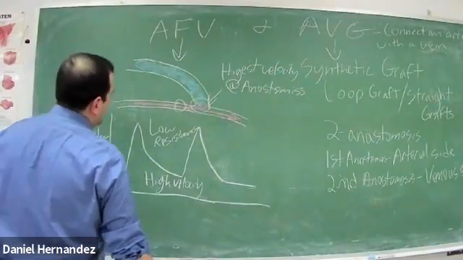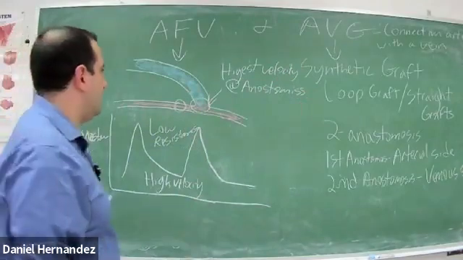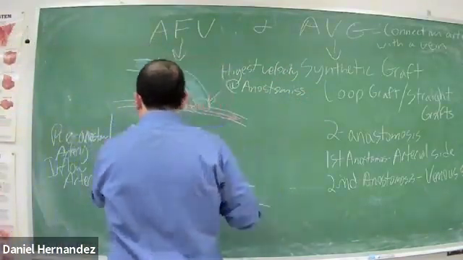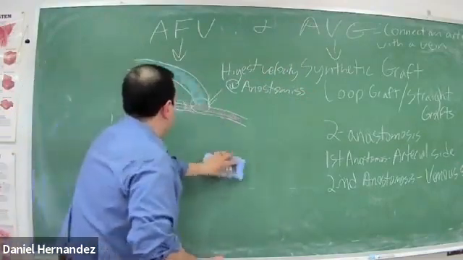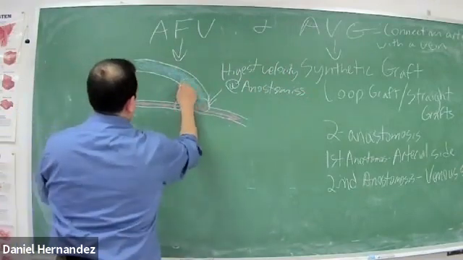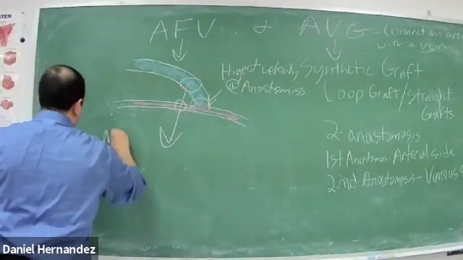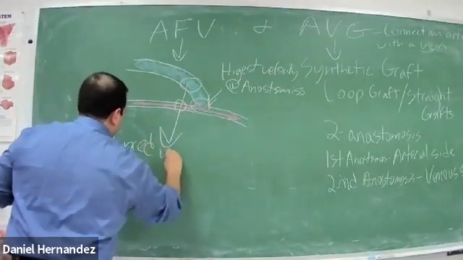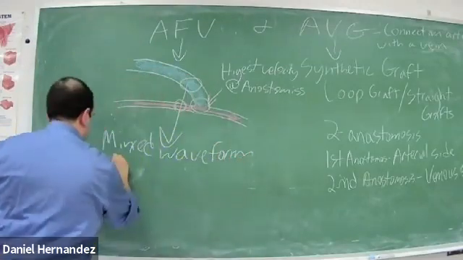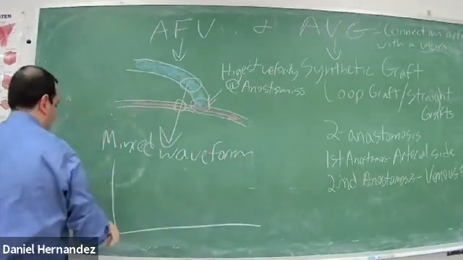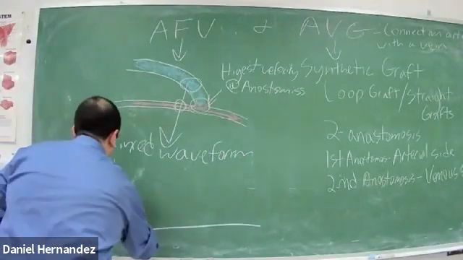And once that arterial blood flow enters into the venous system, it then becomes what's called a mixed waveform. So when we get a mixed waveform, this is going to look like a combination between both an arterial and a venous waveform.